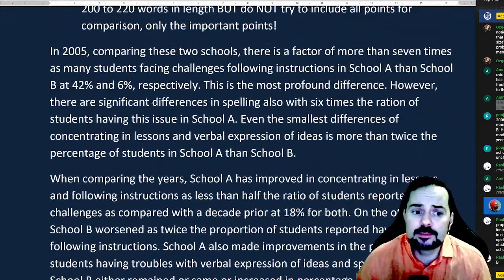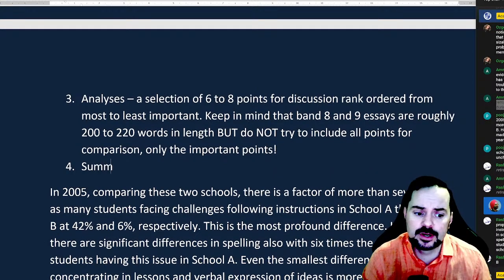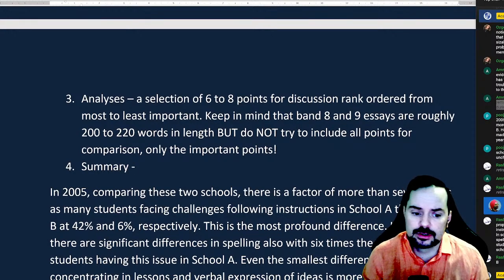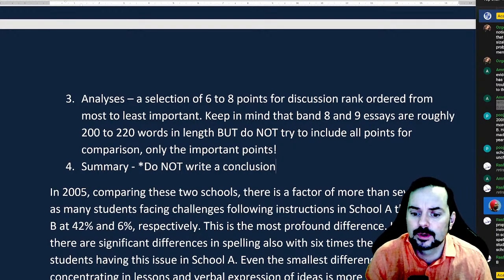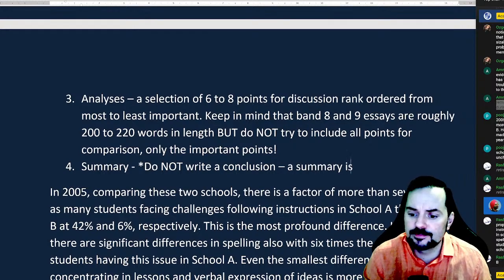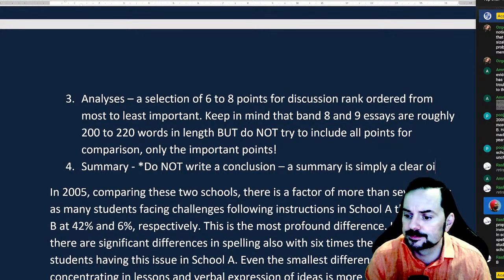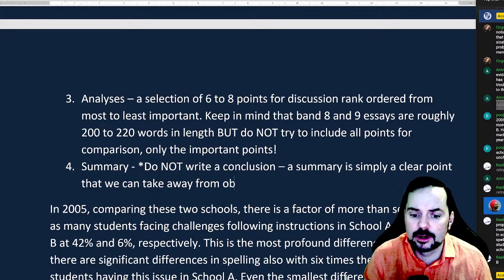So now if I'm really pushing for that band 9, what I want to do is I want to write a summary. And the summary is not a conclusion, okay? Do not write a conclusion. Okay, a summary is simply a clear point that we can take away from observing the data.